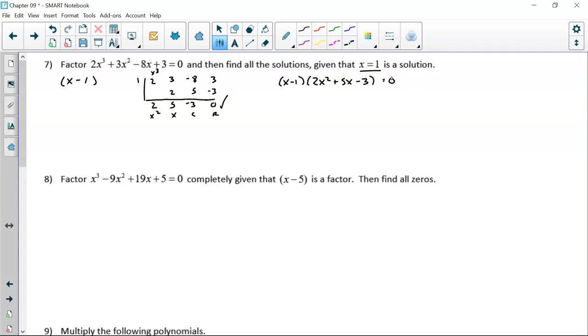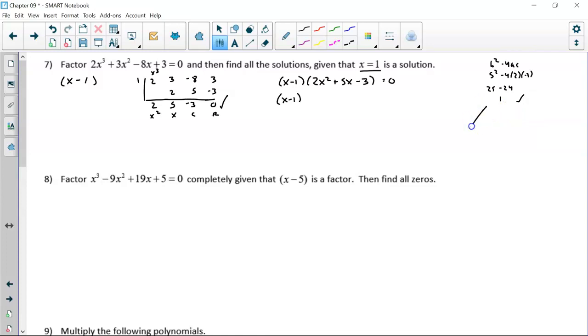And once we get down to a quadratic, it's either factorable or it is not. This quadratic, if I check the discriminant, b squared minus 4ac, is 5 squared minus 4 times 2 times negative 3. So it's 25 minus 24, which is 1. It's a perfect square. It's factorable.